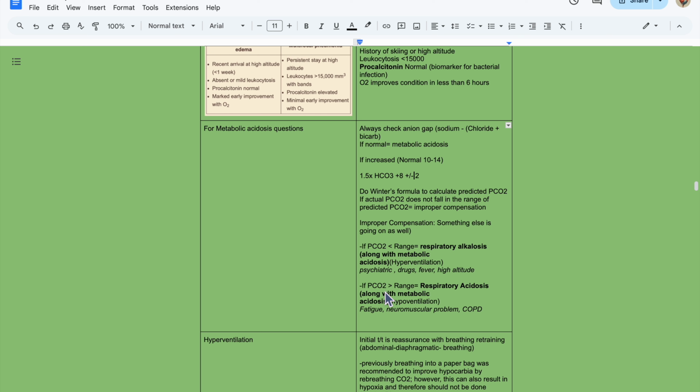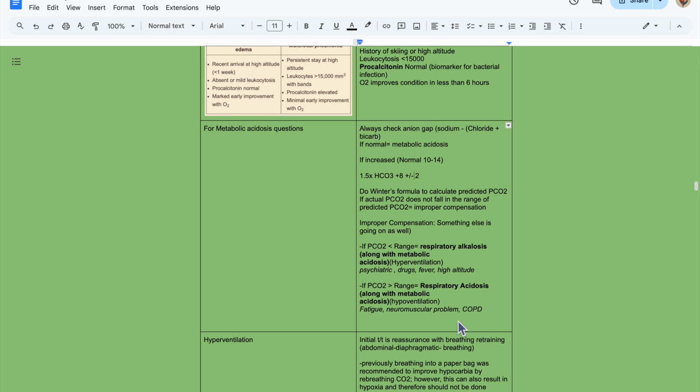If the lab PCO2, actual PCO2, is more than the range that we predicted right here, it is respiratory acidosis along with metabolic acidosis. So here you have hypoventilation. Okay, it could be because of hypoventilation or fatigue, neuromuscular problems, or COPD.